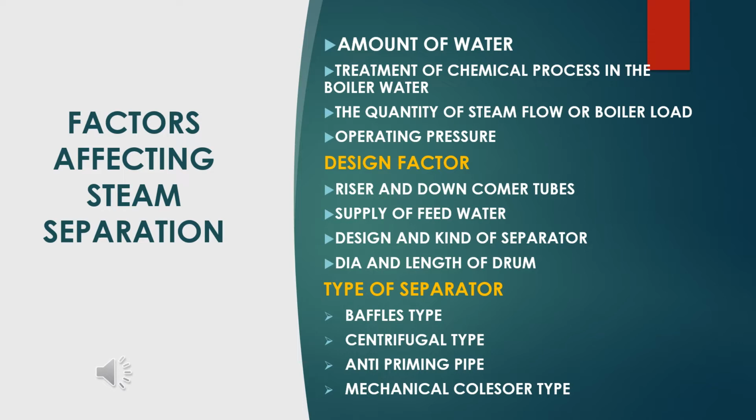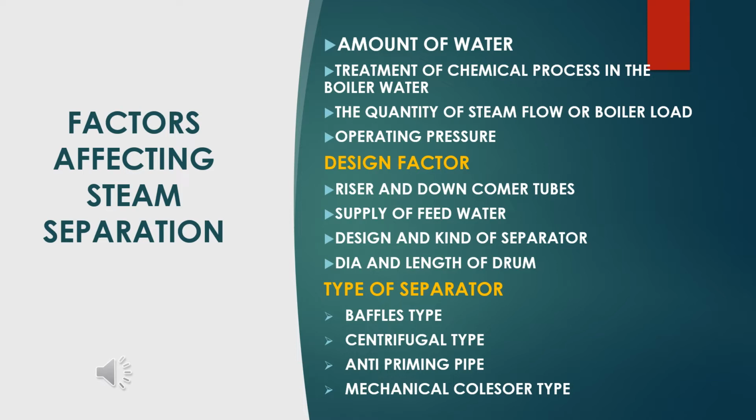The design of the separator is also important, meaning which type of separator you are using. If you are using baffle type, centrifugal type, or anti-priming pipe, these things also contribute to the purity of steam. The diameter and length of the drum are also important. It means that the dimensions of the boiler are very important for the steam quality.